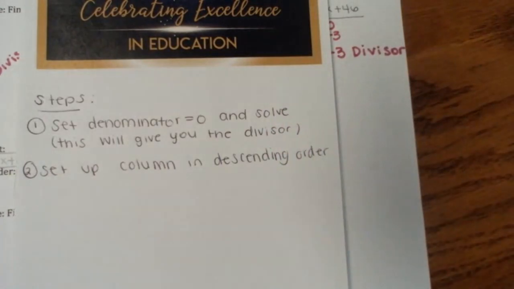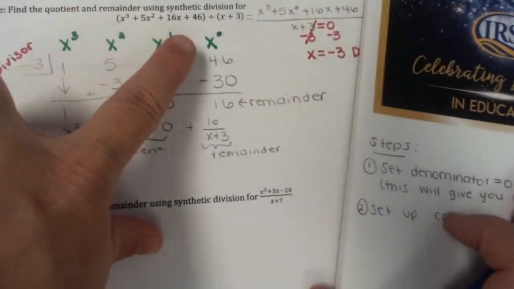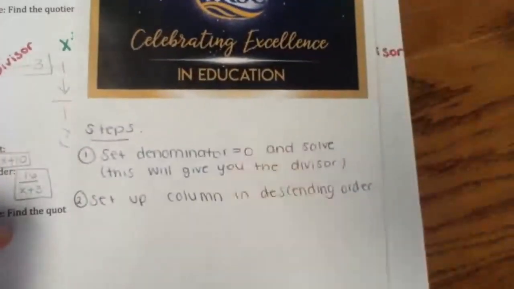Descending order means going down. So 3, 2, 1, 0, or 5, 4, 3, 2, 1, 0, whatever your case may be, starting off at your highest exponent. Our highest exponent here was 3, so we start off with x cubed, and we went from greatest to least. 3, 2, 1, 0. We went down.